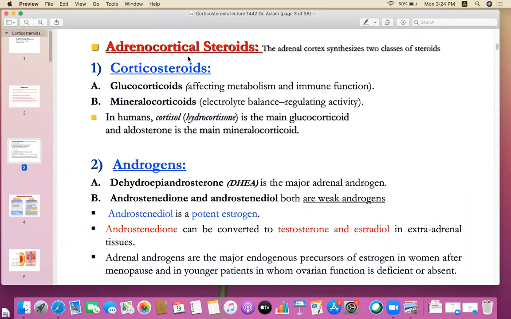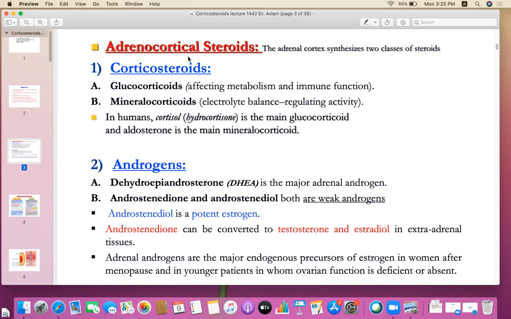Glucocorticoids. Now, the second name, mineralocorticoids. What is mineral? Generally, in mineral, we can say hydrochloride. These are the ions: sodium, potassium. These are the electrolytes. So, as per the name, mineralocorticoids are the minerals. Which are the minerals?